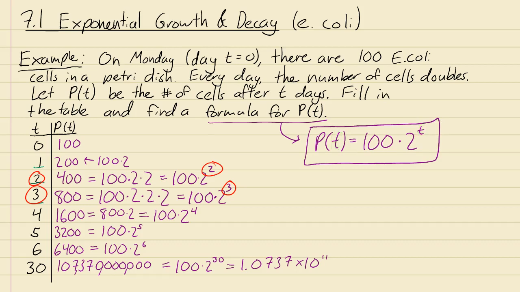So that's a sort of general thing, and this will apply to other situations as well. When you have a starting value or an initial value, means the same thing, and that's called 100. And the number 2 here is called a growth factor.